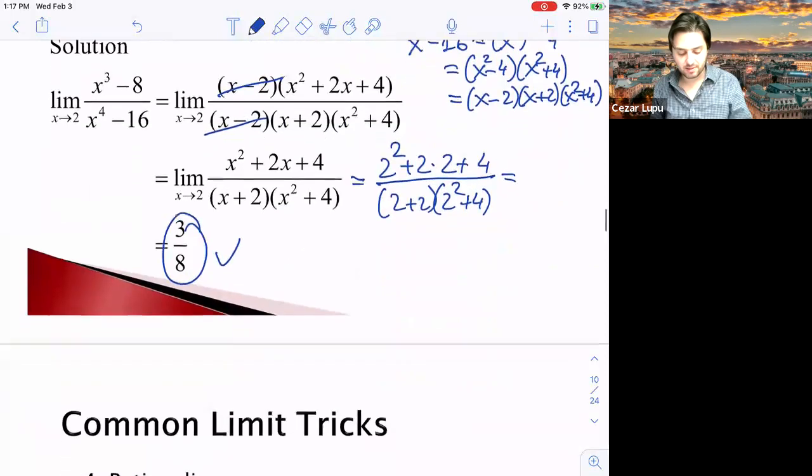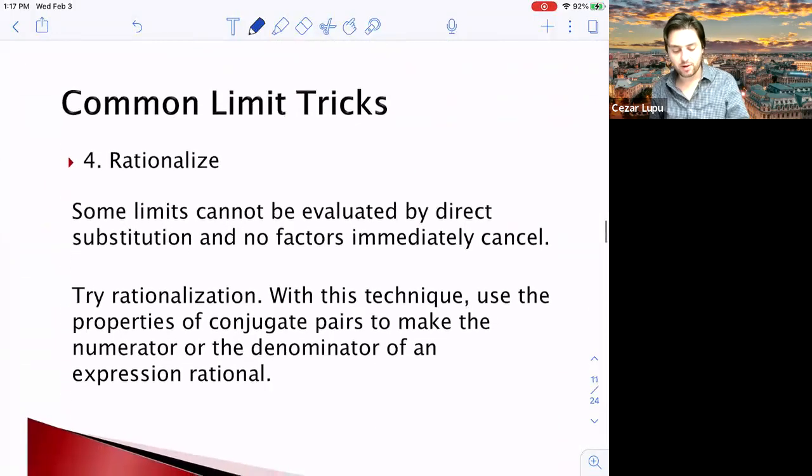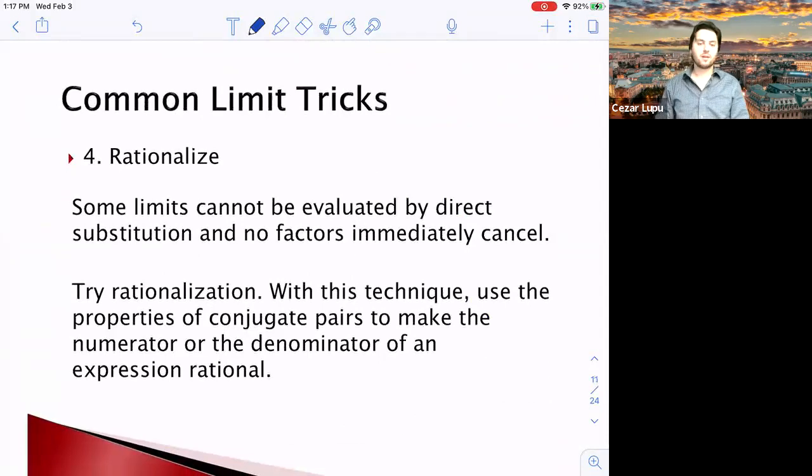All right, let's see some other common tricks. And the fourth one is to rationalize. And you will see exactly how to come up with this when we deal especially with radicals. So, some limits cannot be evaluated by direct substitution and no factors immediately cancel. That's the problem.